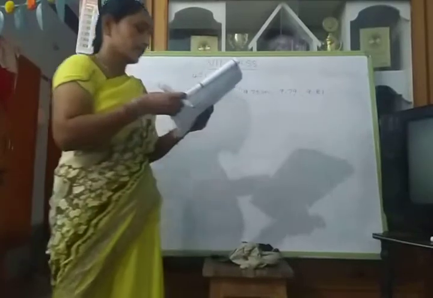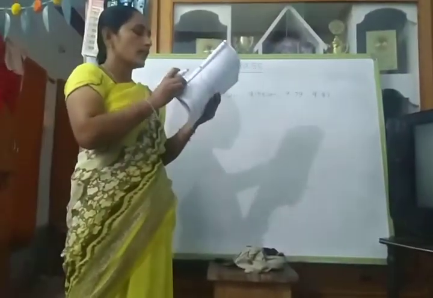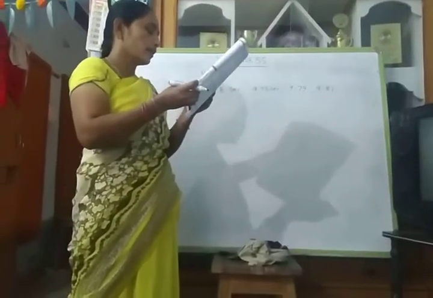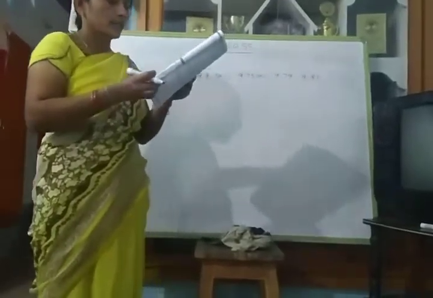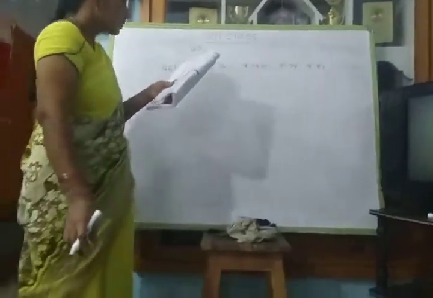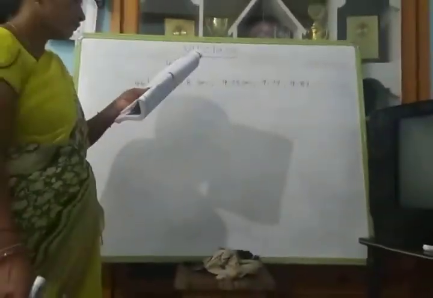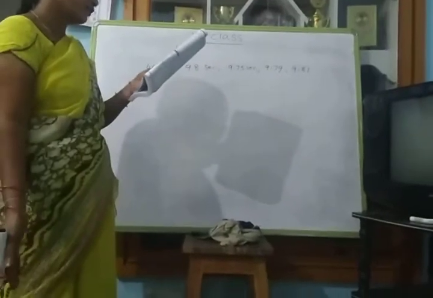Then what are they asking? What score must the last swimmer get in order to win the competition? So the last person has to win this competition. How much does he have to score? Less than 9.75 or greater than 9.81 seconds, in between 9.75.